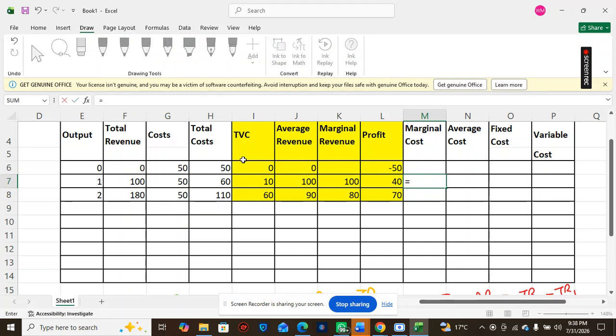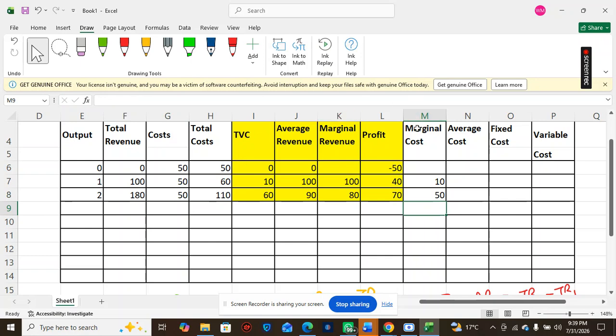The new total cost 60 minus the old total cost 50, we get 10. Remember, because the output is just changing by 1 unit, we're just subtracting here. Then here the marginal cost is the new total cost, 110, minus the old total cost, 60. Any questions on this, colleagues?